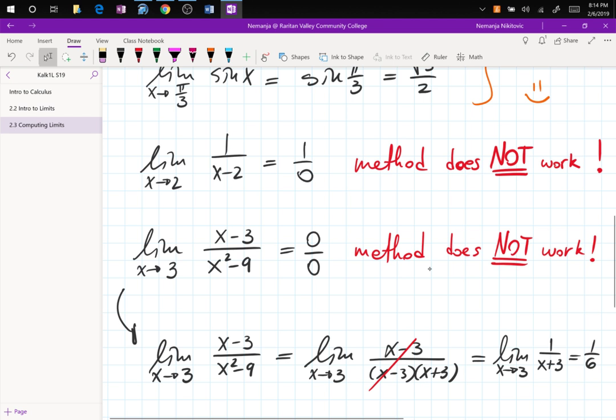So, as soon as you see 0 in denominator, disregard plug-in method. But it doesn't tell you anything about the limit does not exist. You actually have to go on and keep computing. Rationalize, factor, cancel, identities, a lot of different things that you can do.